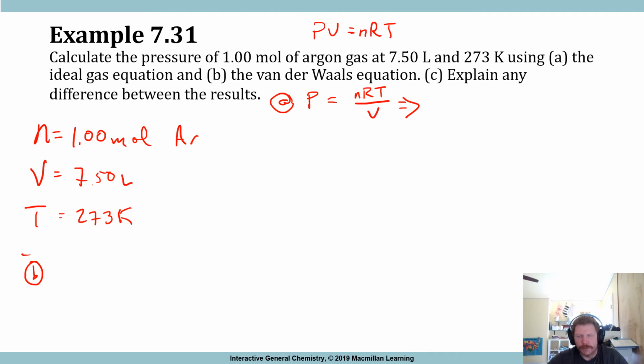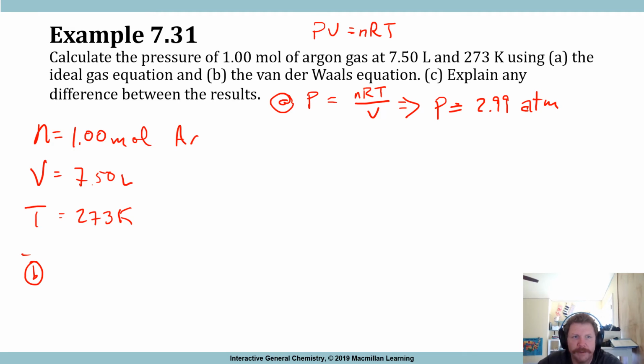My pressure, therefore, is equal to 2.99 atm. Okay, pretty easy.